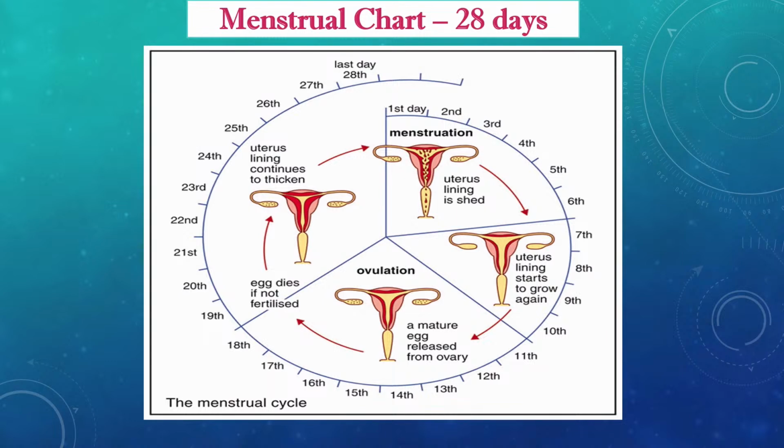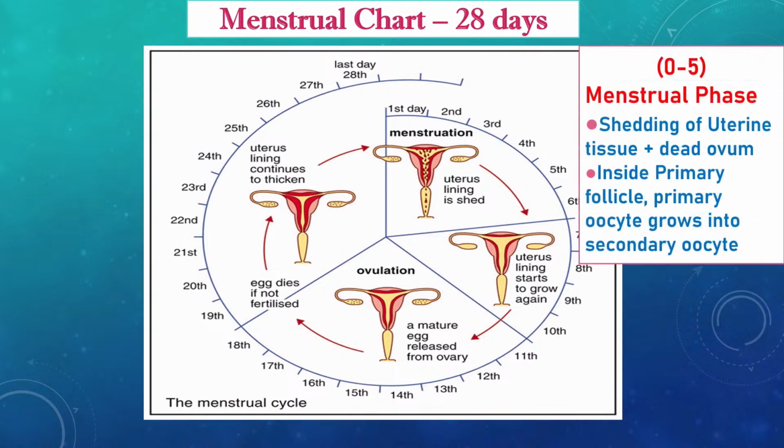But you need to know that the hormonal changes don't actually start on day 1. They start a day earlier than the menstruation date. The changes in the hormone that initiate the menstrual cycle start 1 day, or 24 hours, earlier than the first day of menstruation. Now the menstrual cycle can be divided into 4 phases.